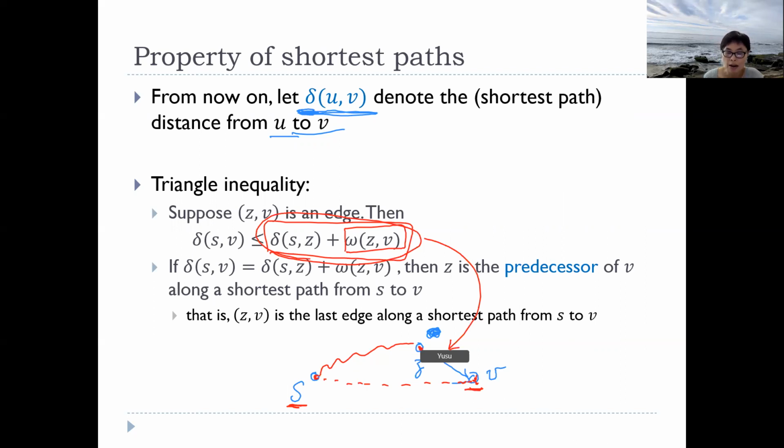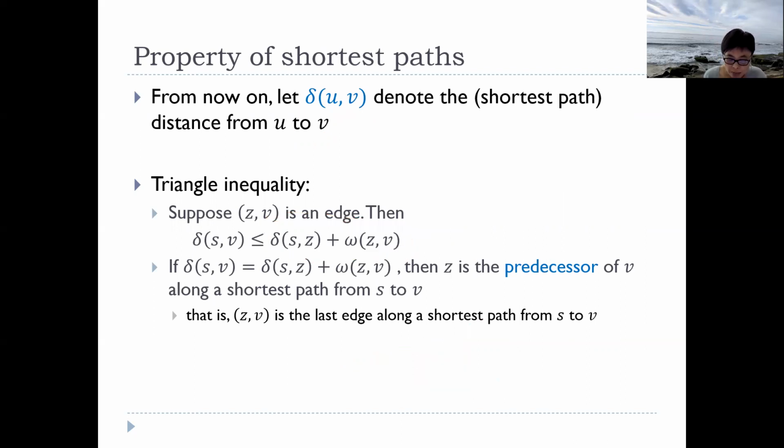All right. Now, I'm also going to sometimes use the case where equality holds. In other words, if the shortest path distance from S to V is equal to the shortest path distance from S to Z plus the weight of the edge ZV, what does this mean?